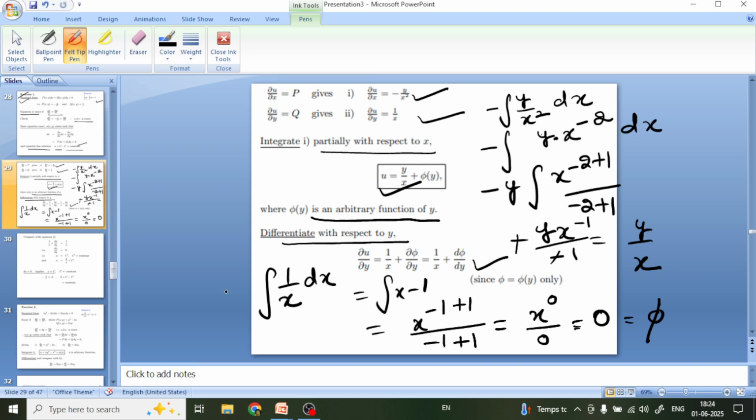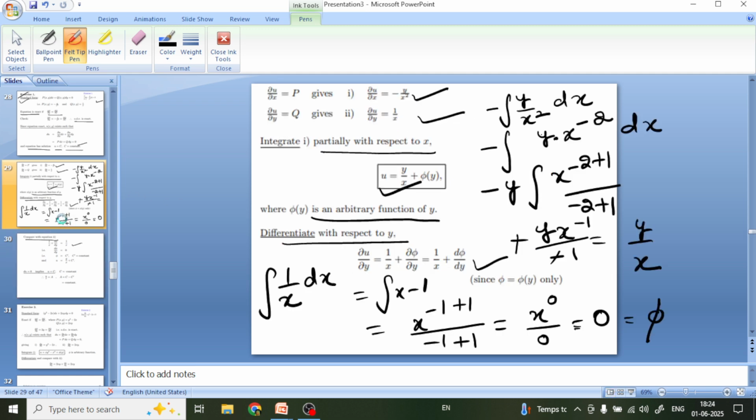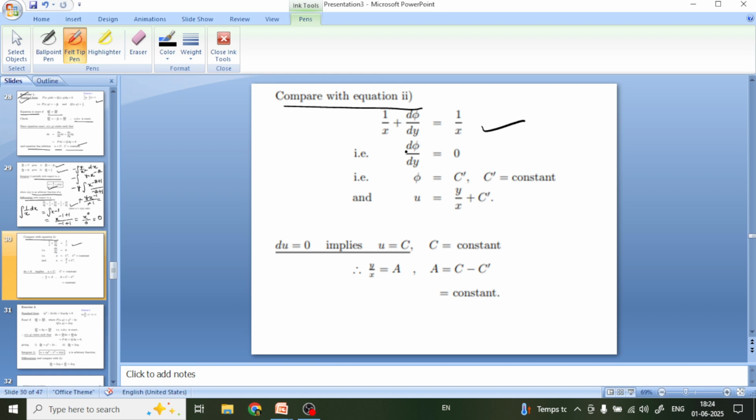This is your equation, and compare it with equation 2. 1 over x plus d phi over dy should be equal to 1 over x. You can see here that d phi over dy is equal to 0.